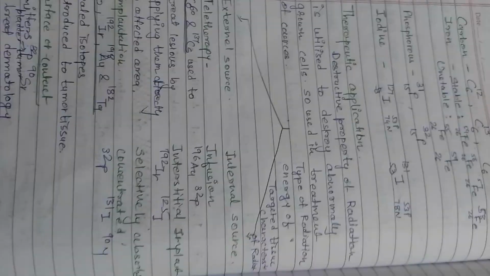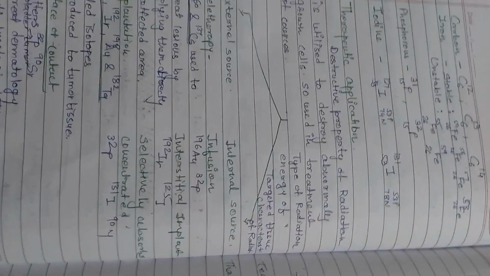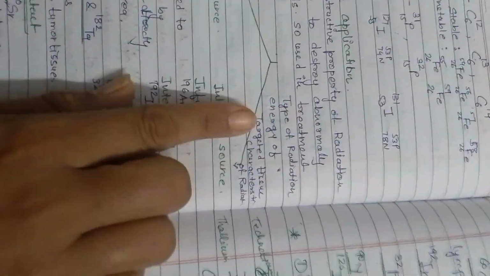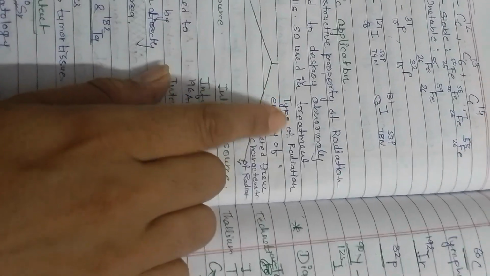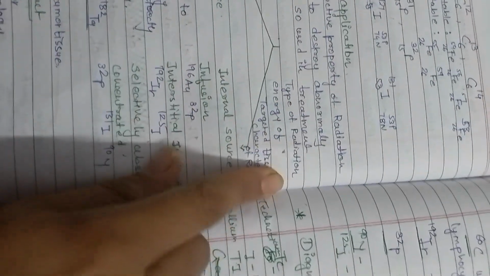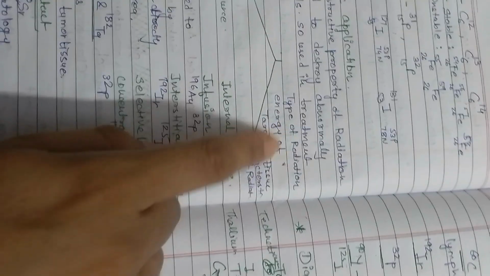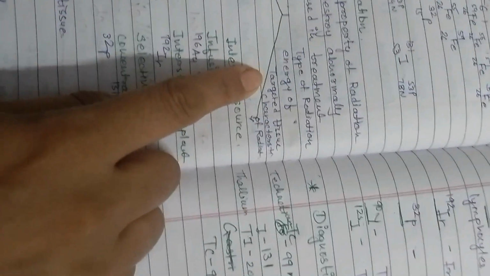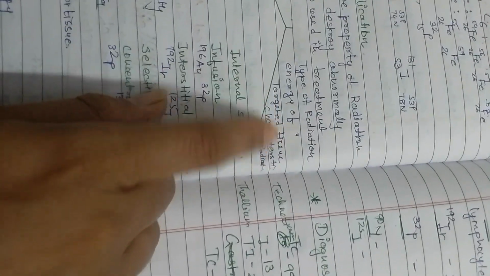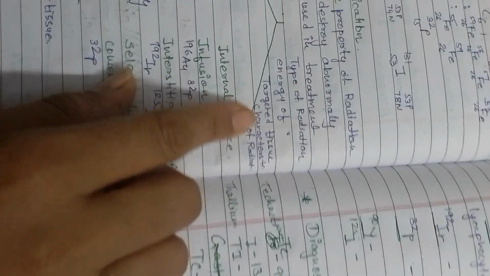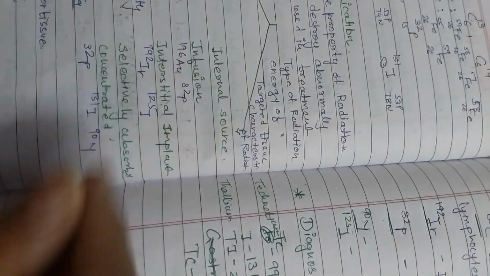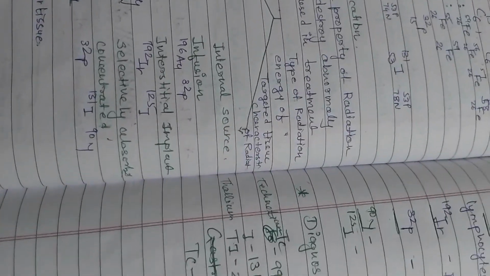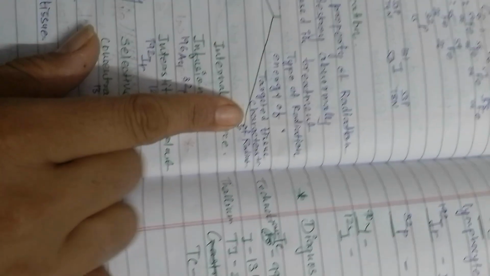What factors do we see while selecting a radioisotope? Which type of radiation they are emitting, then the energy or strength, the intensity of this radiation they are emitting, then the targeted tissue, like if it is kidney or GI tract or heart, right?